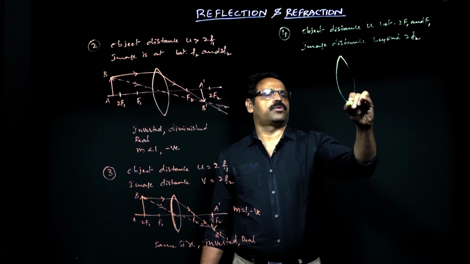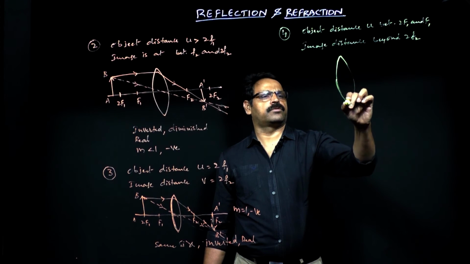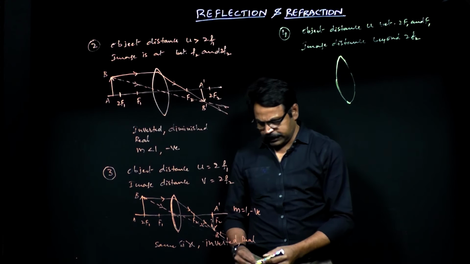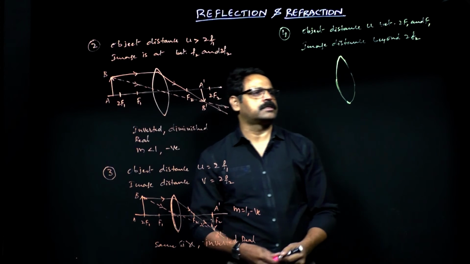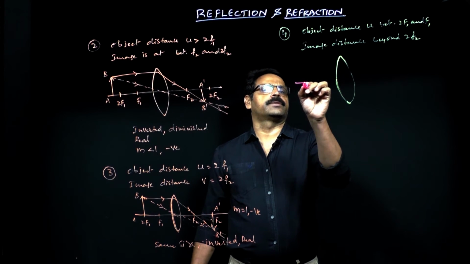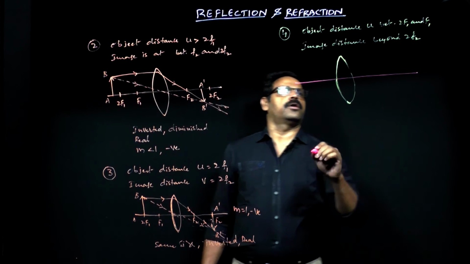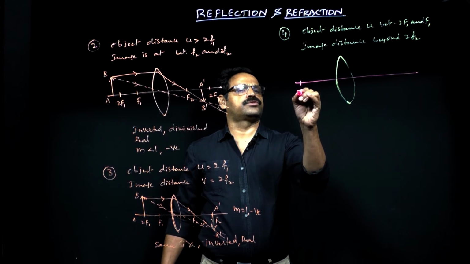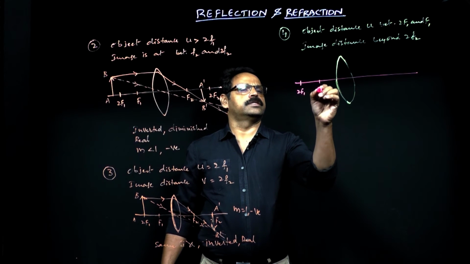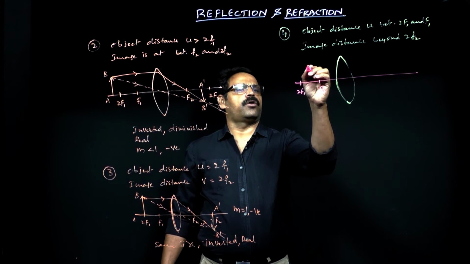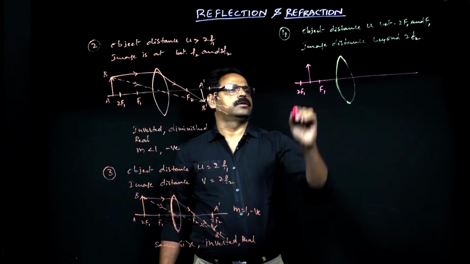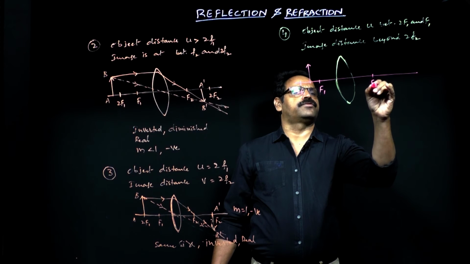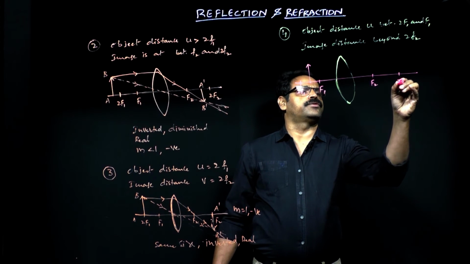This is the lens we have, and this is the principal axis. The object is between 2f1 and f1. Let us say this is 2f1 and this is f1, and the object is placed over here. On the other side this is f2 and this is 2f2.